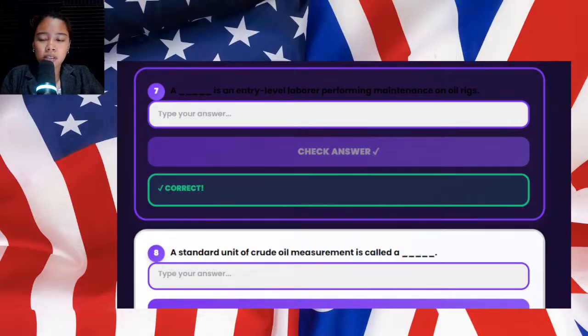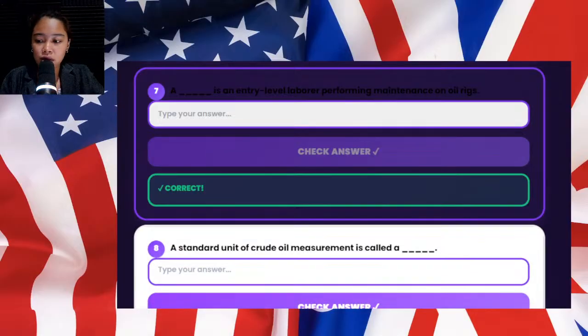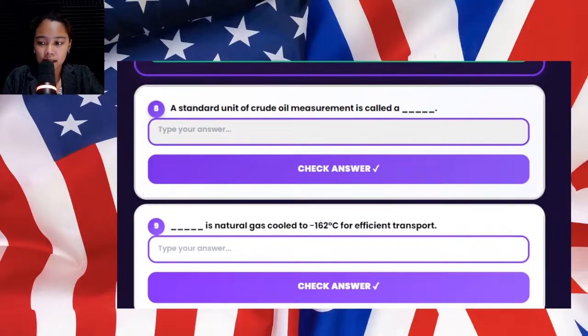So the roustabout is responsible for a wide array of general maintenance and support tasks that keep the drilling site safe and efficient. So that is a roustabout. Okay. Next, we move on to number 8.